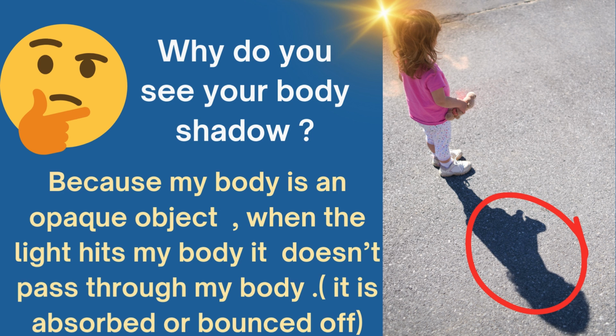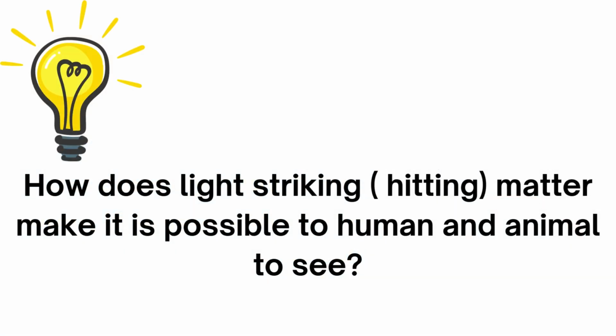So is it clear? And this is for the shadow formed by any opaque object. For a tree, for any other object that is opaque, the shadow forms because this object doesn't allow the light to pass through it.